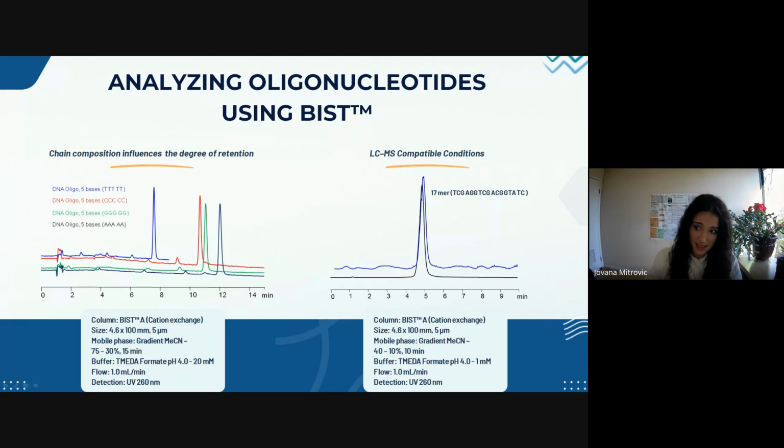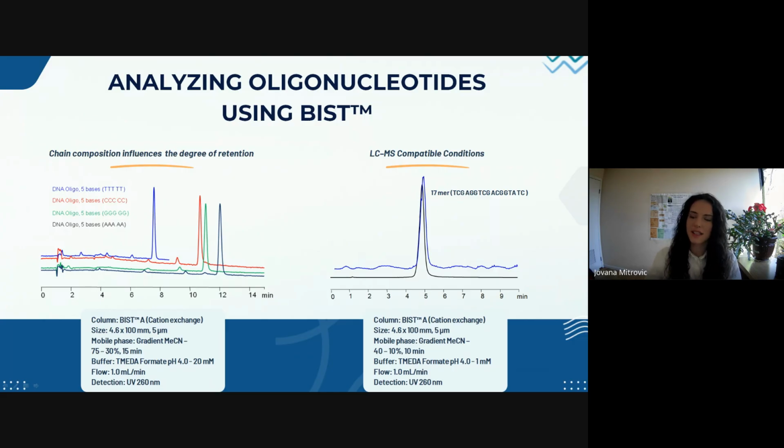Therefore, in this example, we can see how we can separate short 5-mer oligos that differ only by the base composition. Additionally, in the example on the right, we analyzed a 17-mer oligonucleotide with MS-compatible conditions by using a very low amount of buffer, only 1 millimole, in order to not suppress the signal while still having an ionic modifier capable of bridge forming for BIST interaction.